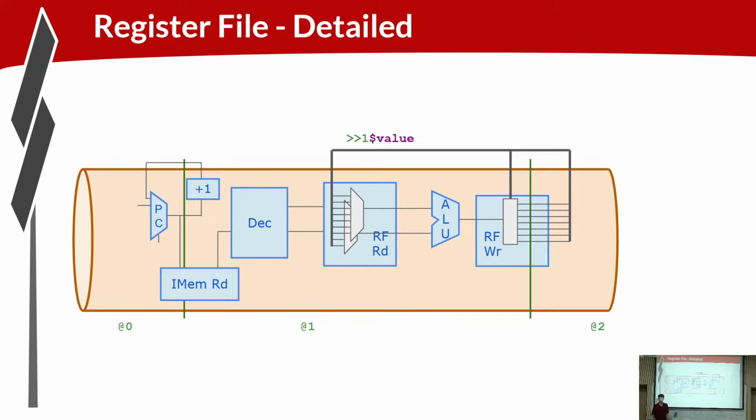Okay, so normally when you see a logic diagram of a CPU, folks are going to draw a register file as one box. Physically, it's a structure, it's a register file, it supports a read and it supports a write, and they'll hook up the wires.